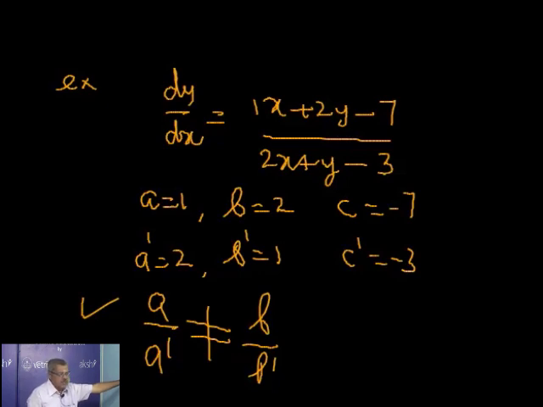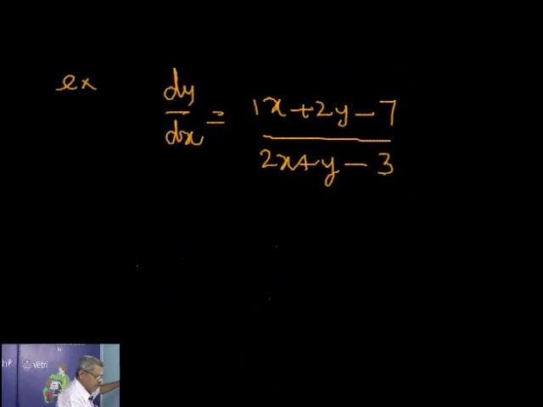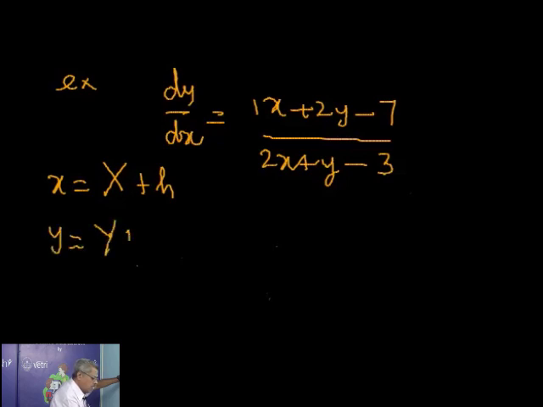Now, if a by a dash is not equal to b by b dash, we make use of substitution in such a way that this reduces to homogeneous type. Now, we are giving substitution. x is equal to capital X plus h, where h is a constant. y is equal to capital Y plus k, where k is a constant.